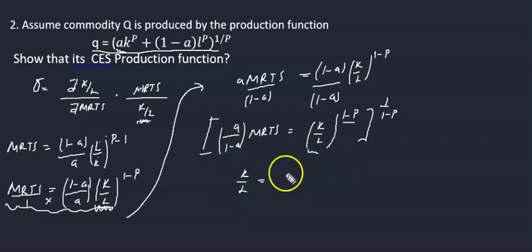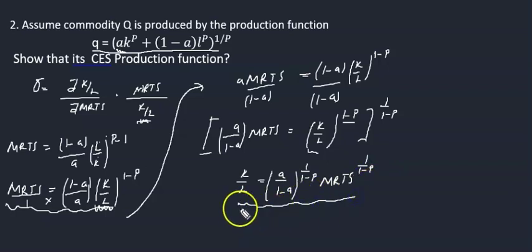So it will be a constant, and this thing will be raised to 1 over 1 minus b, like that. Then we'll have MRTS raised to 1 minus b as well. So this is our expression now for k over l.